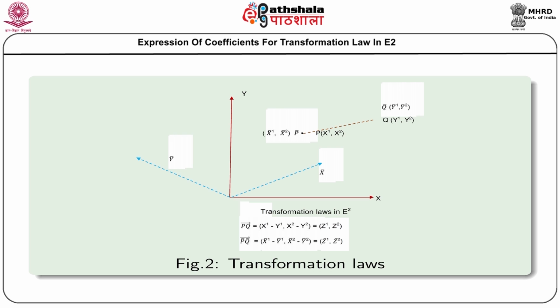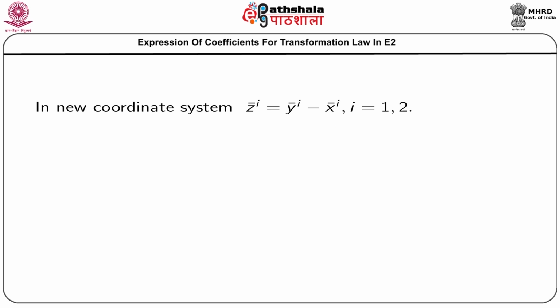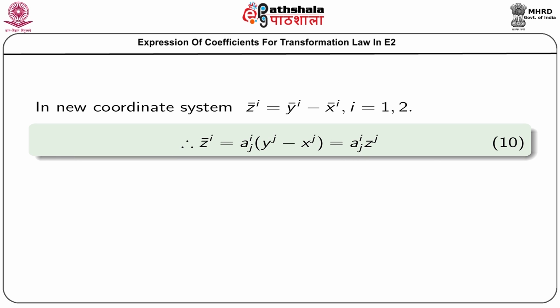Now, with this transformation law, in the new coordinate system, z̄^i equals ȳ^i minus x̄^i, where i is running from 1 to 2.